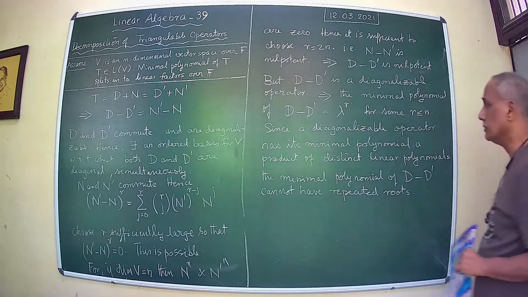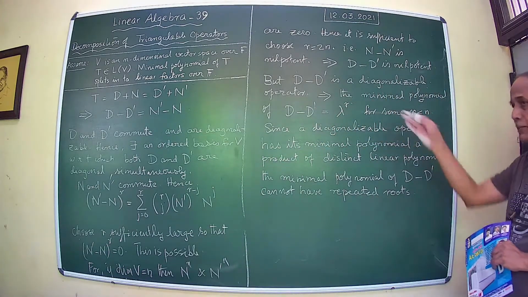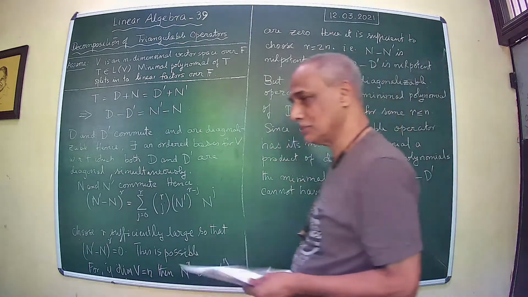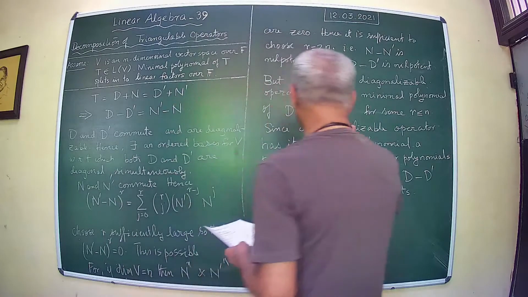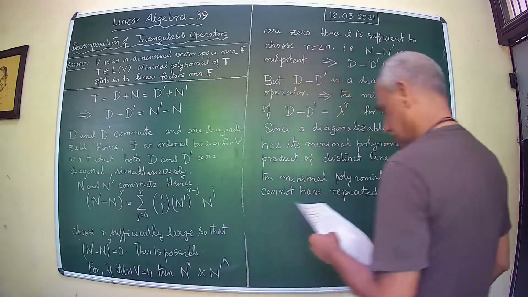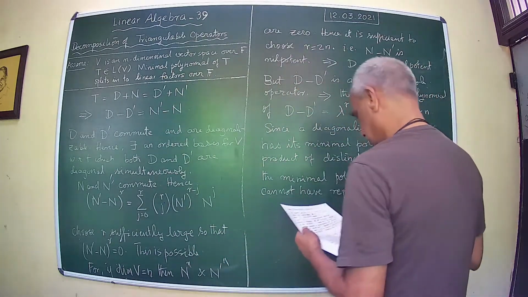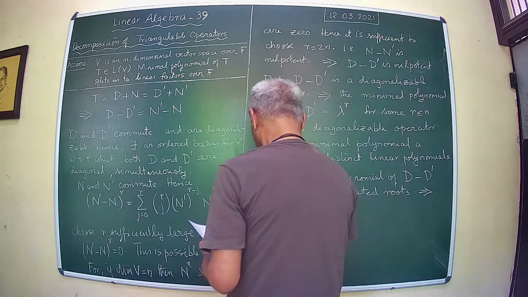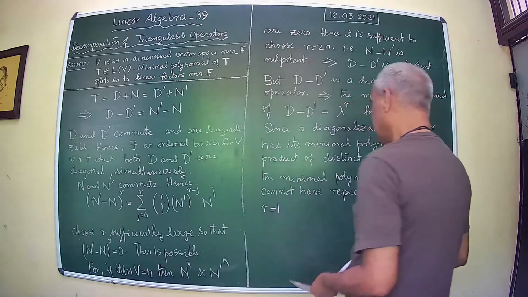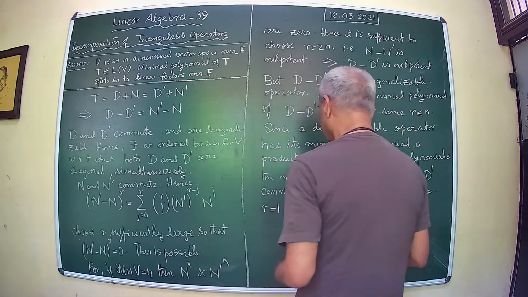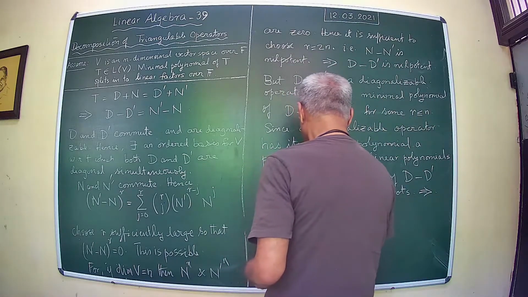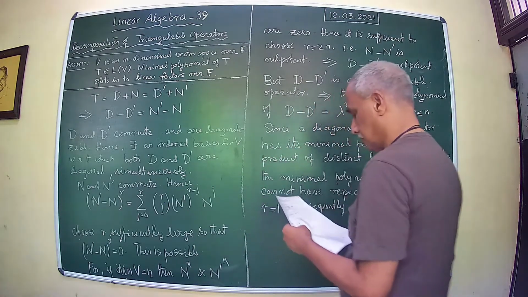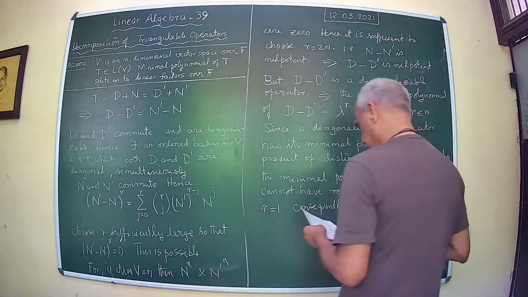What does it mean? It has to be lambda, if at all it is there. So the minimal polynomial is lambda, equal to 1, and consequently D minus D prime has to be 0.